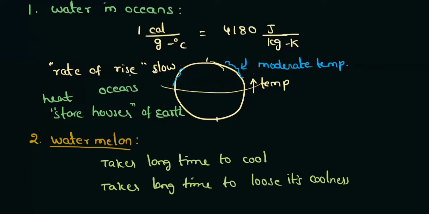Because when compared with other fruits, watermelon has a higher percentage of water. So the whole fruit behaves like water, as we already discussed in the point above. The water in the oceans, because its specific heat capacity is more, takes more time to heat up and to cool down.